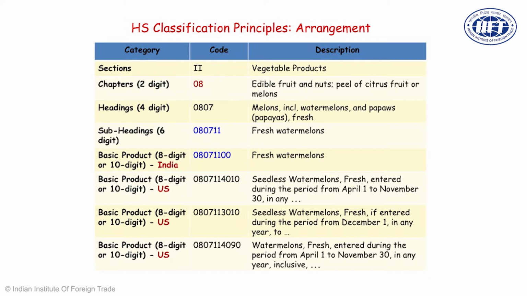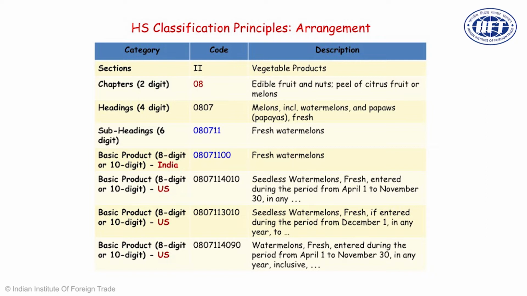Under 0807, we are going to find the melons. Fresh watermelons would come under 080711. And finally, at HS 8-digit, we find the products that India is exporting would be classified. In the US, however, we are going to find a number of HS 10-digit products.